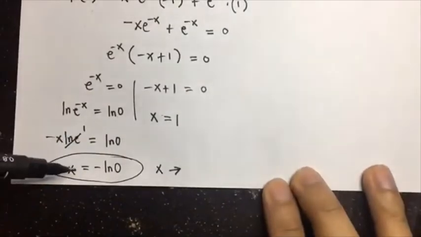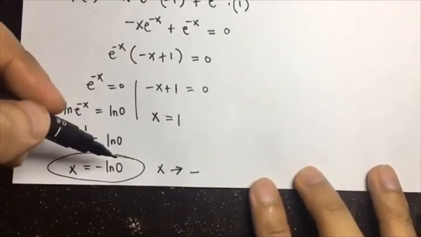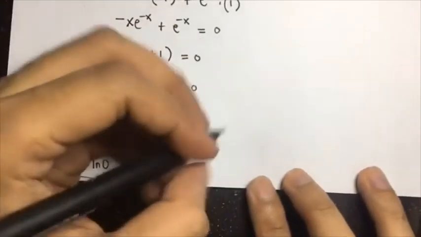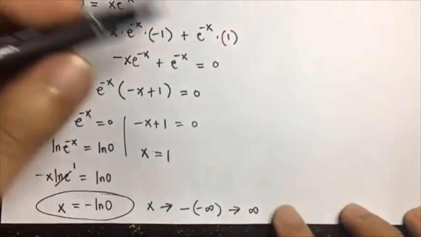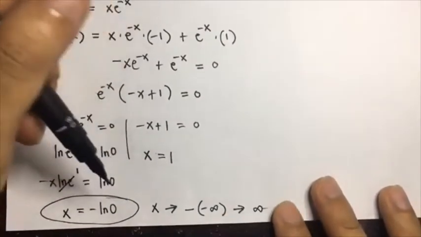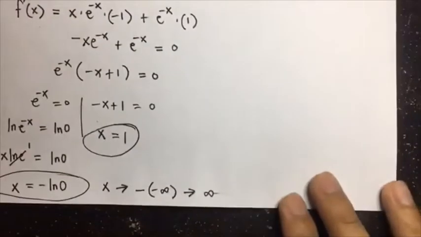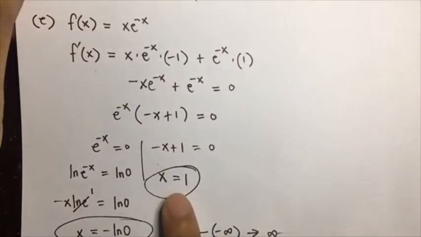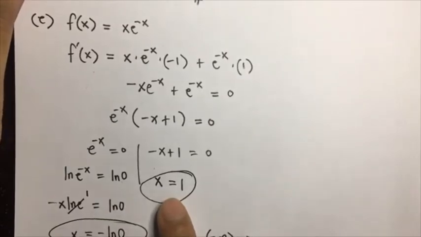So the value of x approaches negative the value of ln of 0 as ln of 0 approaches negative infinity. So x actually approaches positive infinity. Since we are only looking for the local maximum or minimum, we will only consider this one point, x is equal to 1, but we don't know yet if it's a maximum or minimum, so we need to perform the second derivative test.